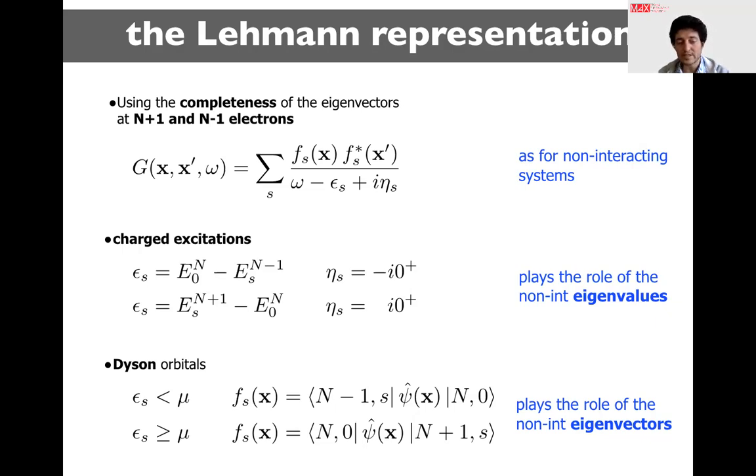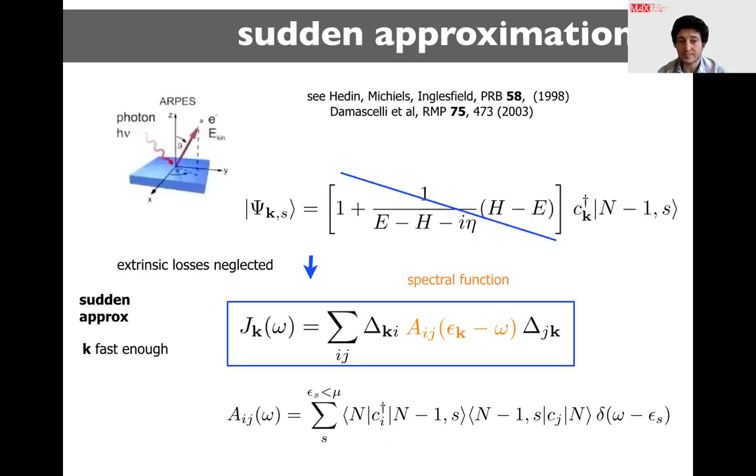Importantly, these Fs are not orthogonal, they are not normalized, and also they are many more, actually infinitely many, than the simple non-interacting case. In those cases, you have one orbital for each electron. Here we have many more.